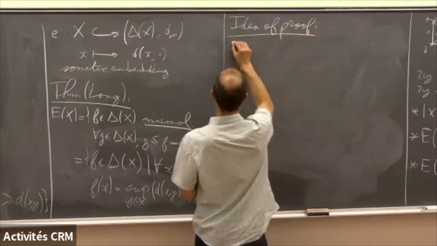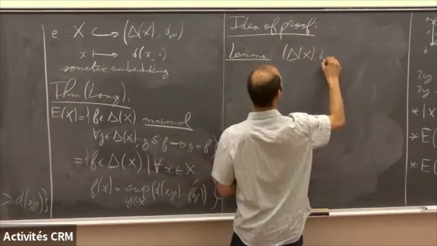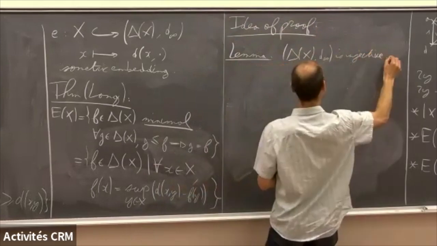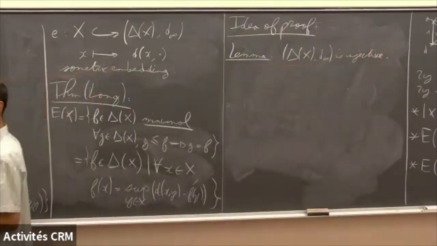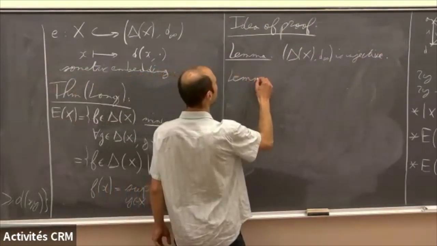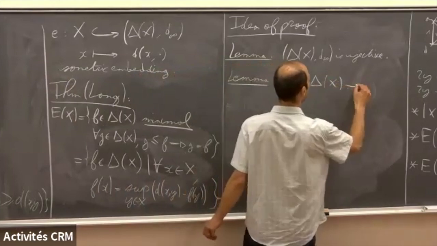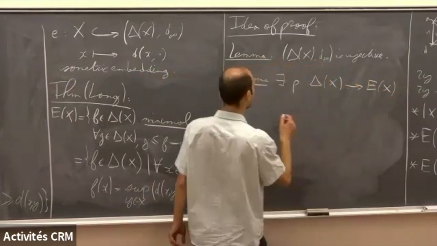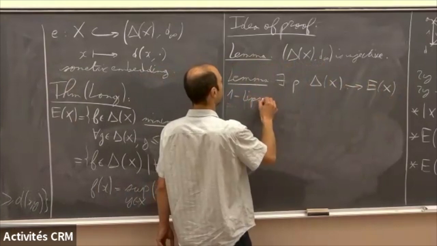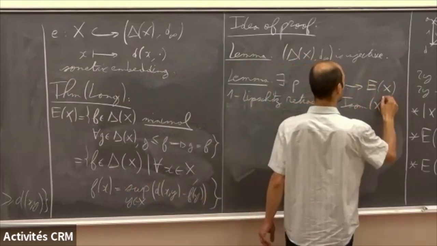The first one I can mention is that Δ(X) with the sup distance is injective. It is not much harder than showing that the space of bounded functions from X to R is injective with the sup distance, and that L-infinity space is injective. The other one is more interesting and a bit more subtle: there exists a map P from Δ(X) to this set E(X), which is a one-Lipschitz retraction which is equivariant under the isometry group.